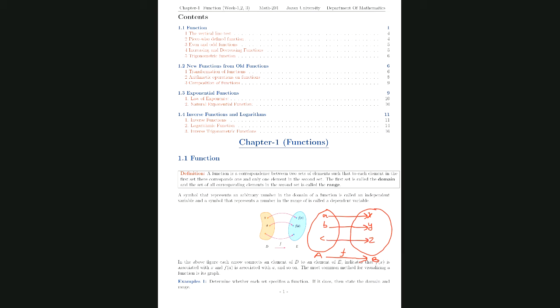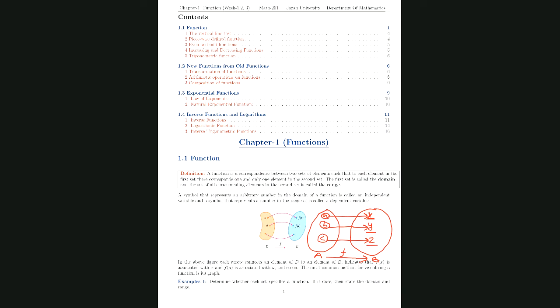Every input is connected and every input has only one output. Input A has only one output X. Input B has only one output Y. Input C has only one output Z.